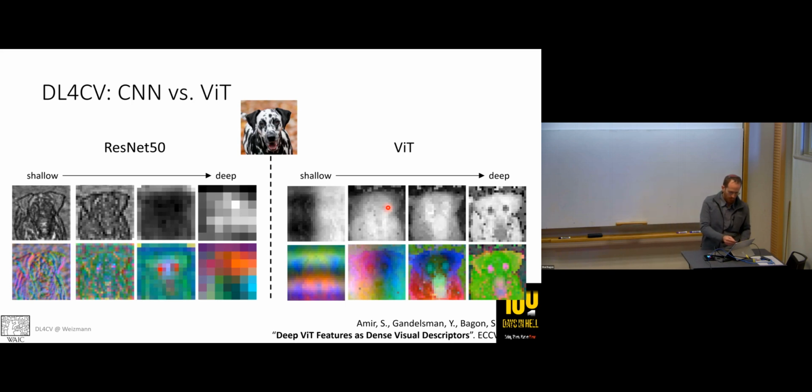The position information decays as we go deeper, and we get more and more semantic information from the features. So we have the same localization of eyes, mouth, the dog here, but we don't pay in resolution. We get very semantic features, but they are still very well localized because we have many of them. We don't lose resolution. Okay?